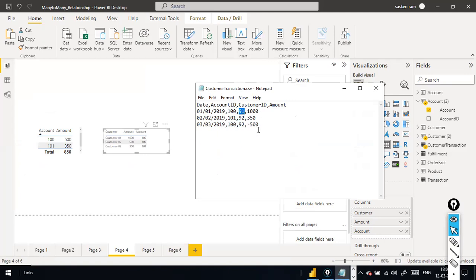If you subtract 500 from 1,000, you'll get 500, isn't it? You will get 500 when you go by the account. If I ask your mom how much balance you have in your account, she will include the withdrawn one also, right? So 1,000 minus 500, 500 she will say. And if I ask you how much balance you have in this account, you will say 500 only. Both of you will say 500 only.